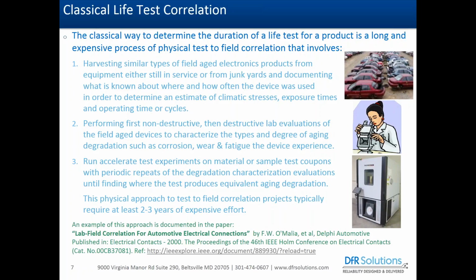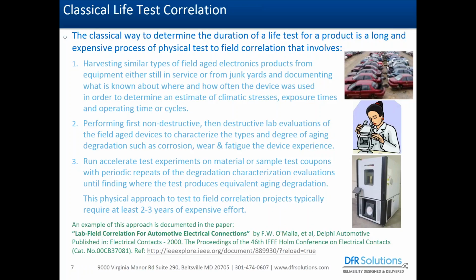And often this involved getting the parts out of junkyards and finding out what we could about those parts: when they were produced, where they had been used, when they were put into service, what kind of climatic stresses they were seeing in whatever part of the country or world they were operating in, and figuring out the exposure time and operating cycles that these devices endured.